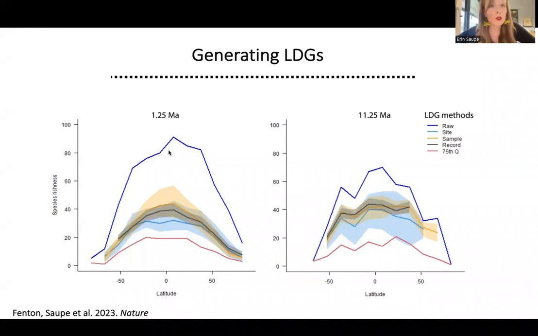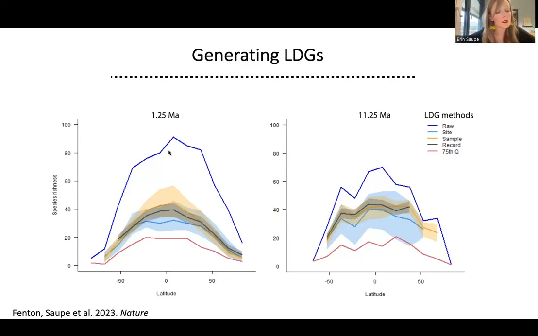What I'll be showing you is LDGs primarily derived from centiles, so percentiles from those point level richness estimates within 2.5 million year time bins. But the results were fairly congruent regardless of the subsampling approach or LDG construction strategy.